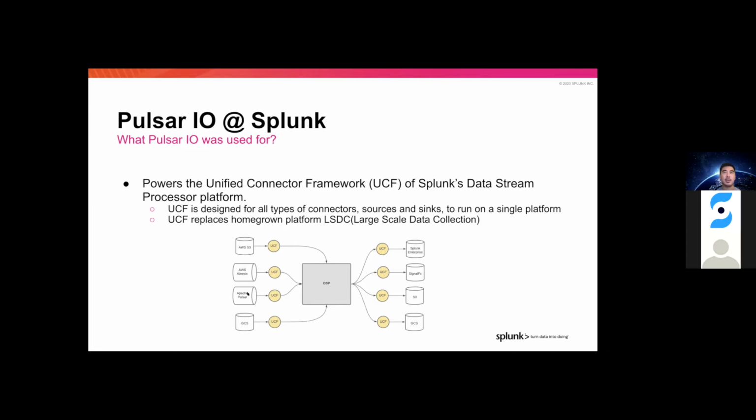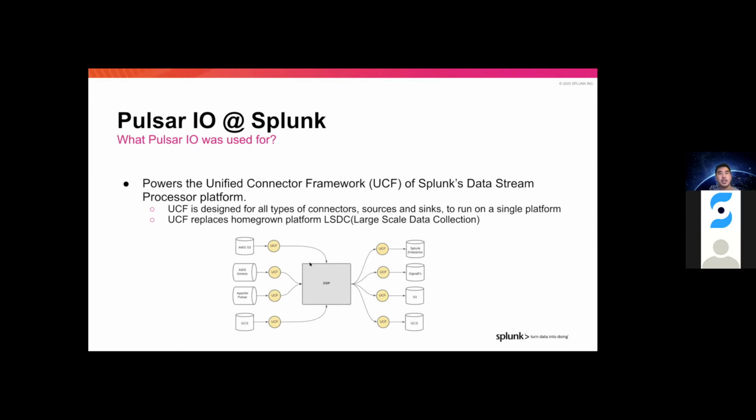I give more details on what decisions were made and how we evaluated the Pulsar IO platform. I would encourage everyone to listen to that talk that I gave at last year's Pulsar Summit.